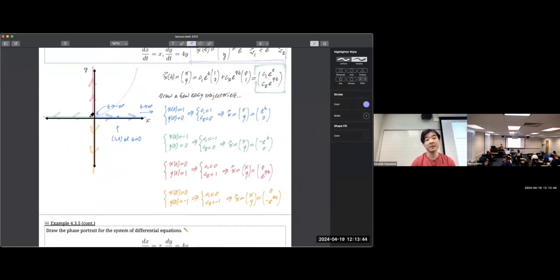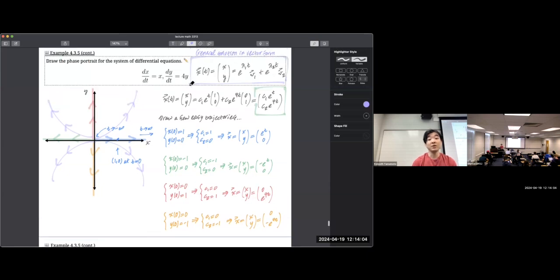I did them separately because there wasn't enough space to write stuff here. But really, you should plot them all together in one phase portrait like this. So these are going to be your solution phase portrait or phase plane of your solution to this system of differential equations: dx over dt equals x, dy over dt equals 4y.